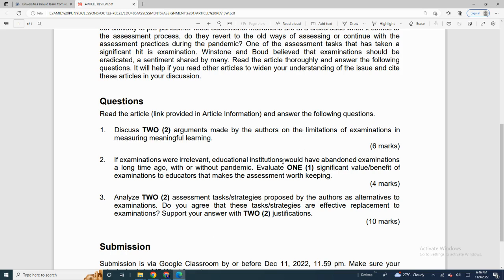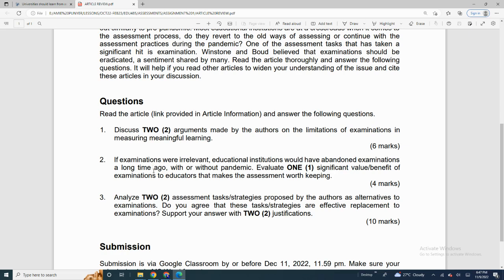Question number two: if examinations were irrelevant, educational institutions would have abandoned examinations a long time ago, with or without the pandemic. Evaluate one significant value or benefit of examination to educators that makes the assessment worth keeping. Now, this question is a bit open.